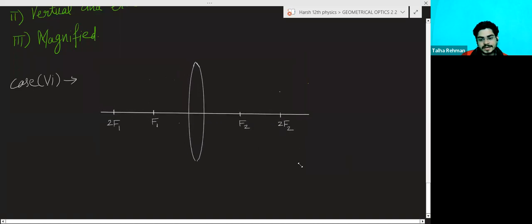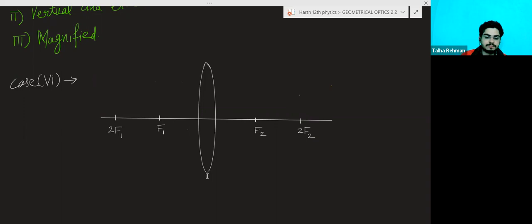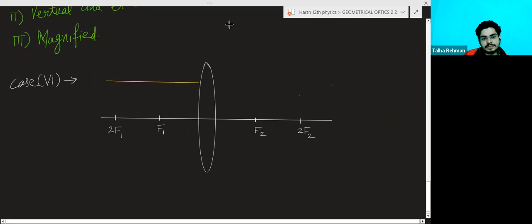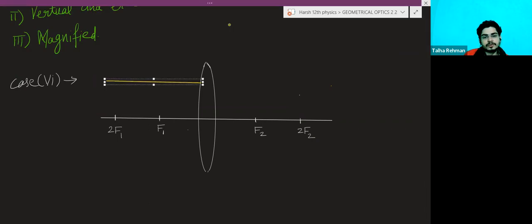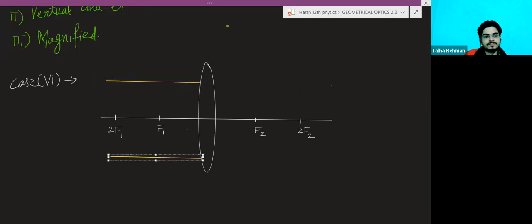Object at infinity means, as I told you many times, that from that object the rays are always parallel, and parallel rays always meet at focus.